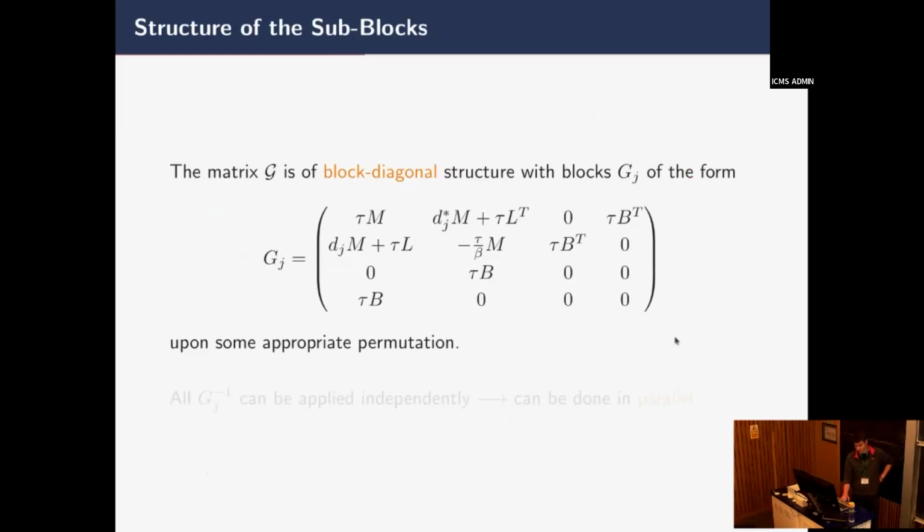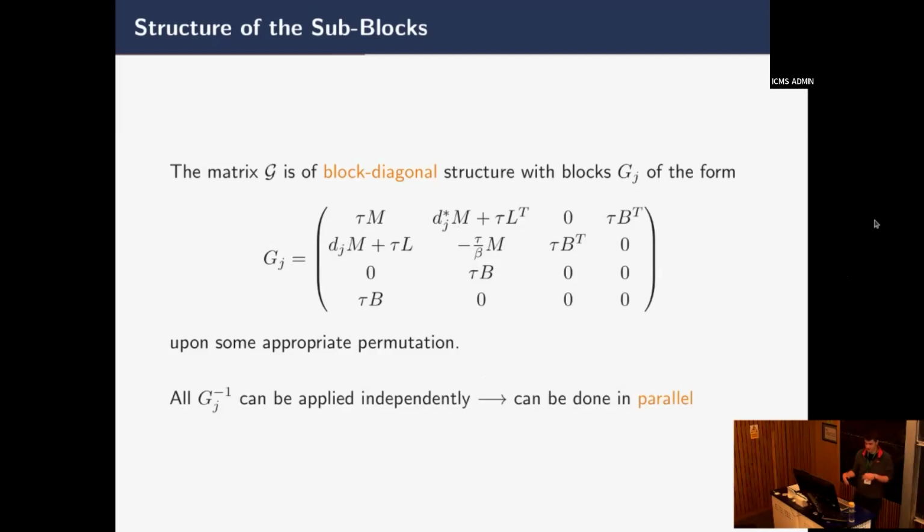So it is, upon permutation, calligraphic G with block diagonal blocks Gj, which only relate to some spatial matrix. Here Dj are the diagonal entries of the Fourier transform of the circulant approximation of the time-stepping matrix, and everything else has no new variables.